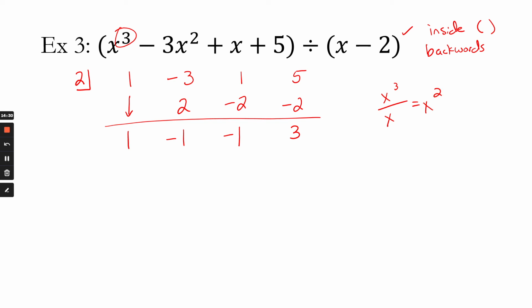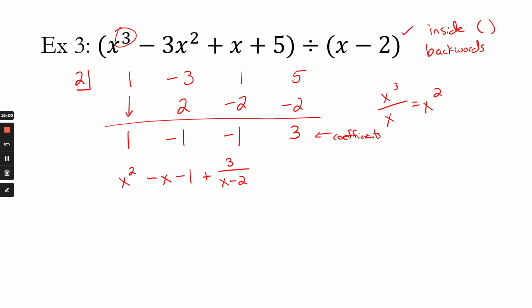So this line right here is the coefficients of this new problem. So I'm going to get x squared minus x minus 1. Now we've got a remainder, so we're going to write it just like we did before, 3 over x minus 2. That's our actual answer when we divide by that binomial.